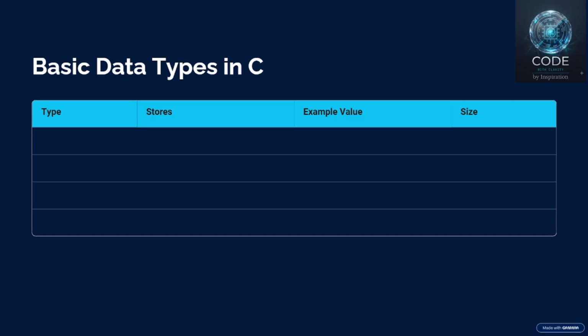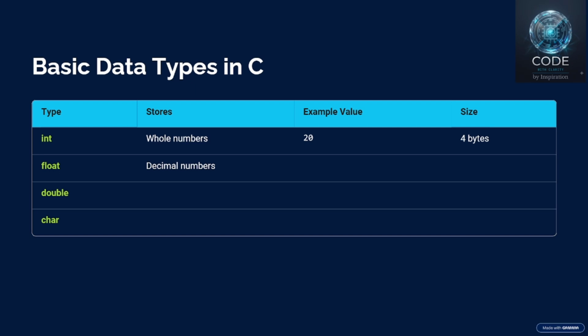For example, 123.456789. And fourth is char. Char is used to store a single character. For example, in single quotes, 'A'. So our 4 basic data types are int, float, double and char. These are very important because you will be using them frequently while writing C programs.